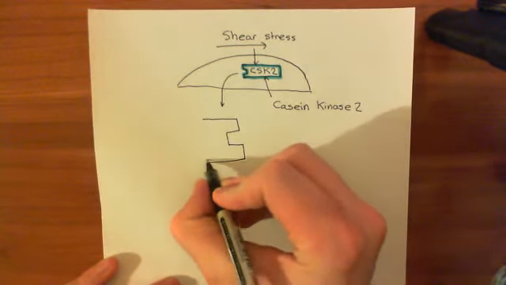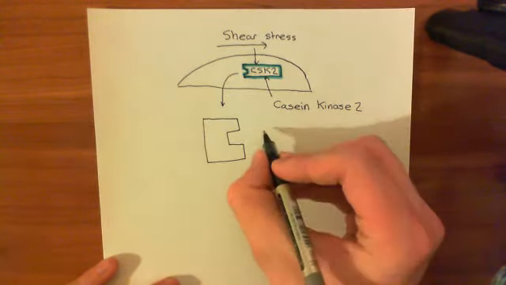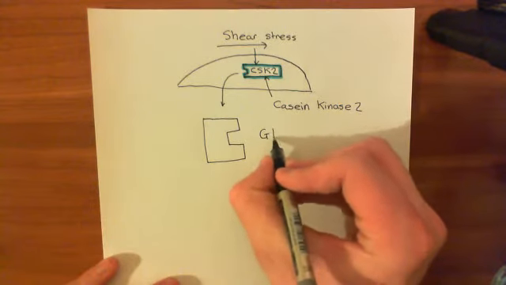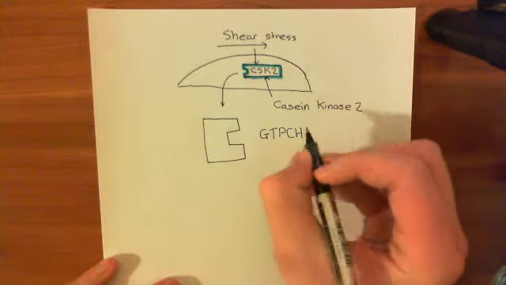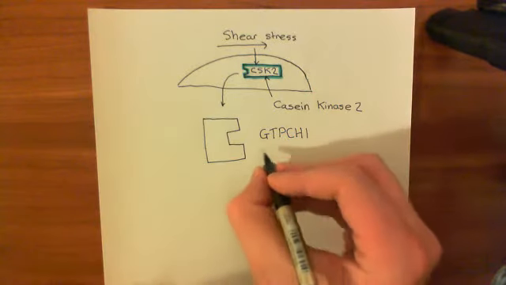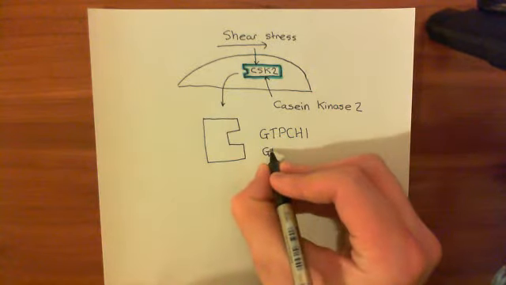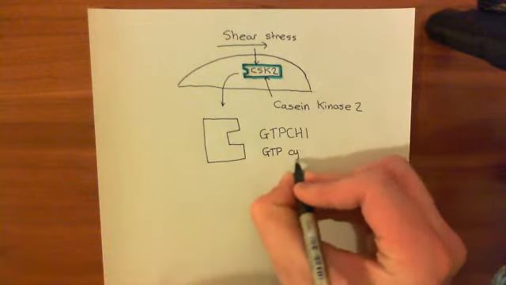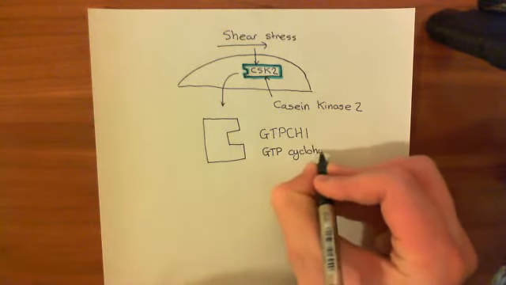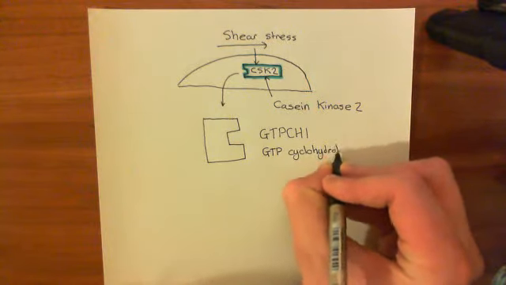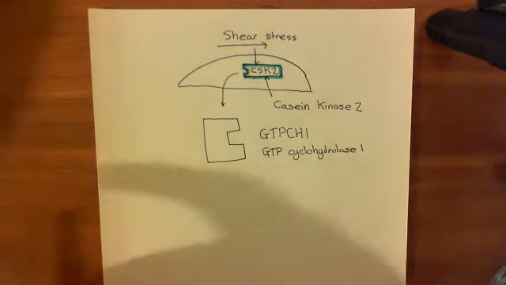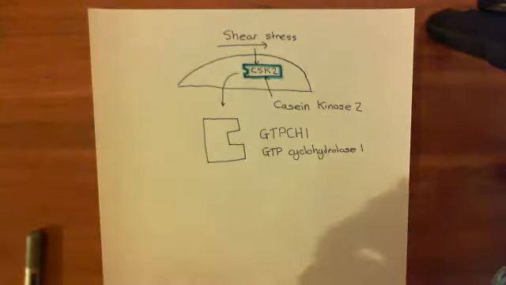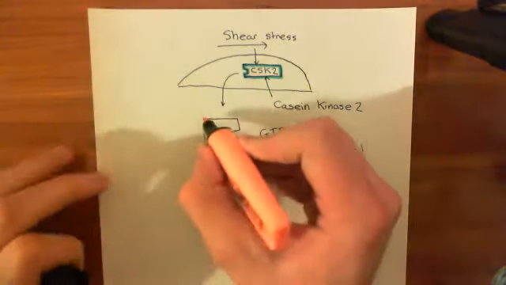Okay? And this other enzyme is something that's often abbreviated to GTP-CH1. Okay? And basically, this stands for the GTP cyclohydrolase 1 enzyme. So GTP cyclohydrolase 1. Okay, so let me give GTP cyclohydrolase a colourful outline.